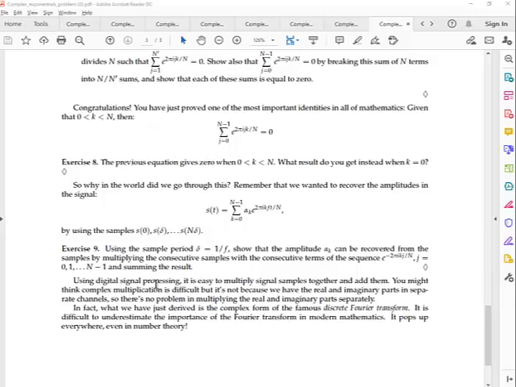Okay, using digital signal processing, it's easy to multiply signal samples together and add them. All right, so the process that I would have to use to recover these alphas is to multiply the incoming signal by another set of numbers. And that's quite possible using amplifiers.